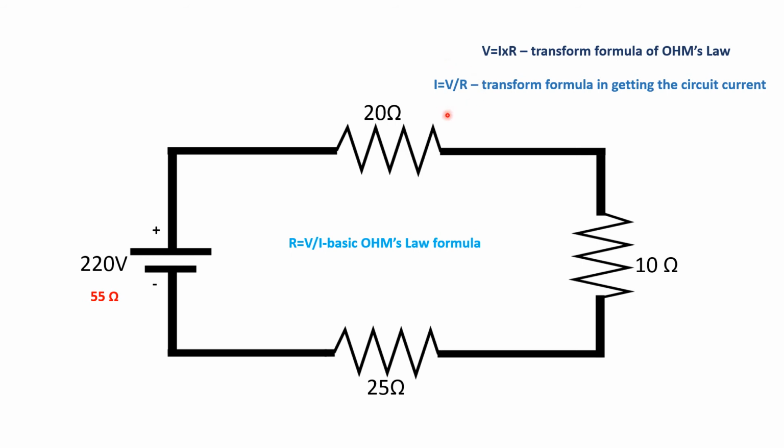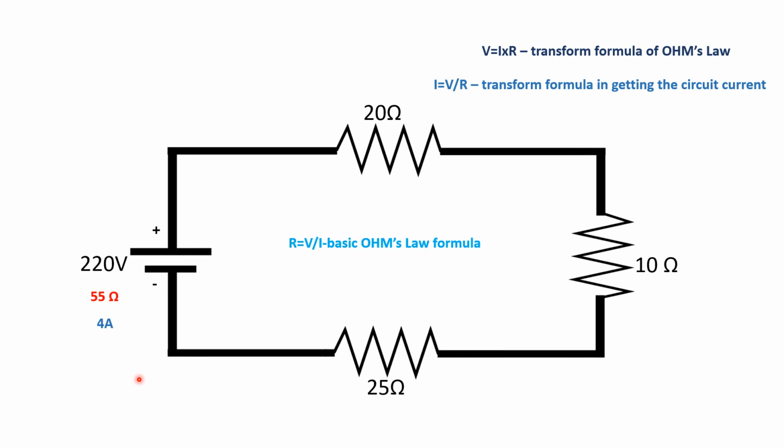So here we now know that V is equal to 220 volts, and R, the resistance, is equal to 55 ohms. So 220 volts divided by 55 ohms is equal to 4 amperes. We have now figured out the current in the circuit using Ohm's law.